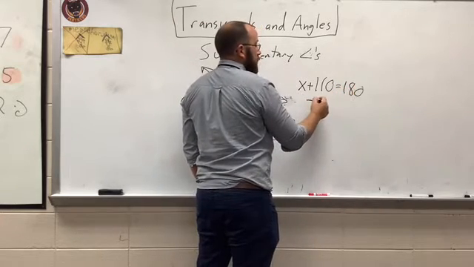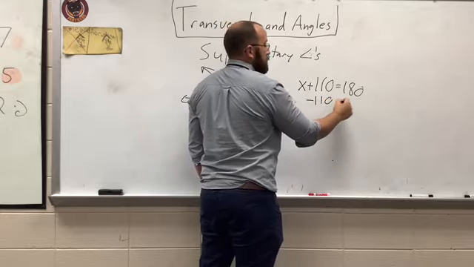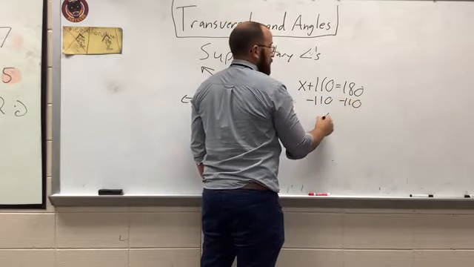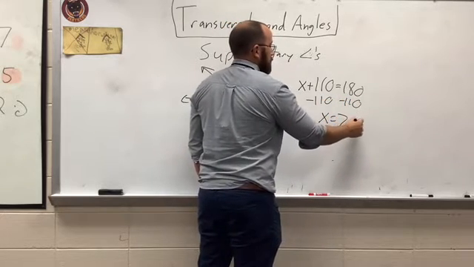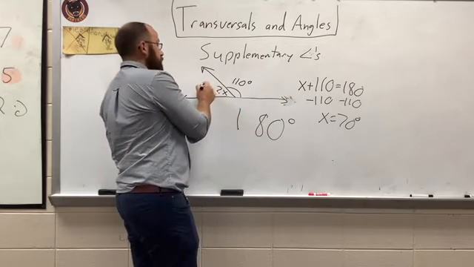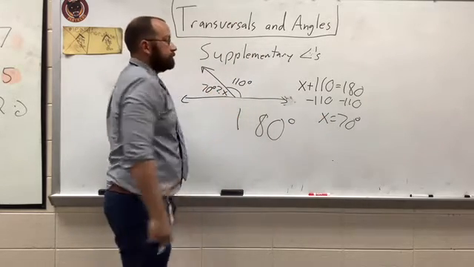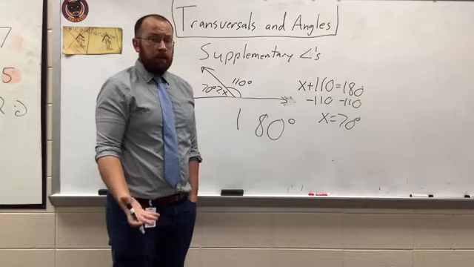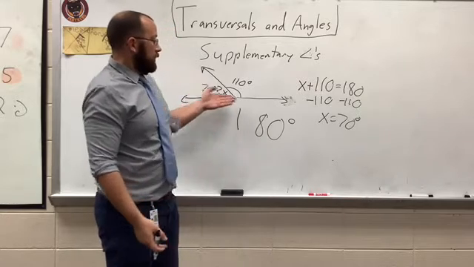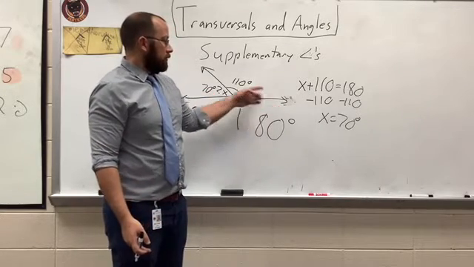So then I subtract 110 from both sides. X equals 70 degrees. So that right there is 70 degrees. And those are supplementary angles. It doesn't matter as long as it's a straight line.